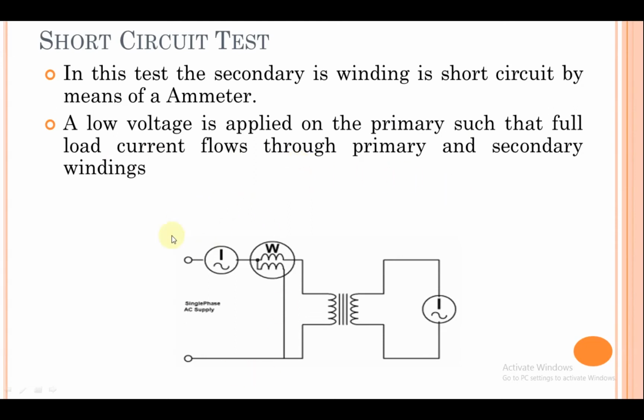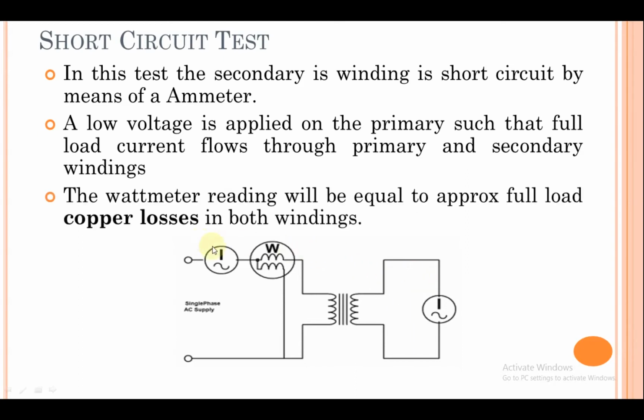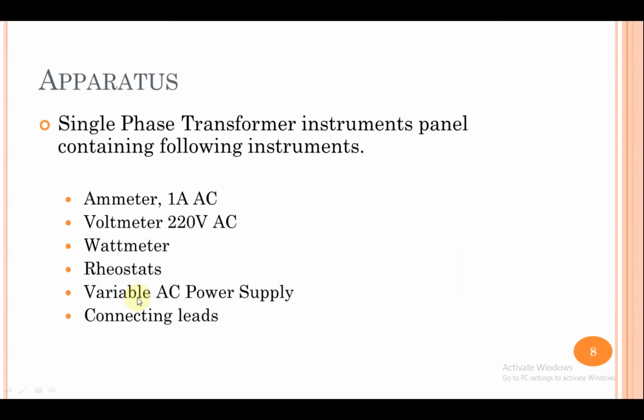So in our case, the low voltage side has a rating of 5 amperes, and the high voltage side has a rating of 1 ampere. So we will apply such voltage that not more than 5 amperes on the low voltage side and not more than 1 ampere on the high voltage side is passed through. And then by the wattmeter reading, or by multiplying the voltage and current, you can get your copper losses or the winding losses.